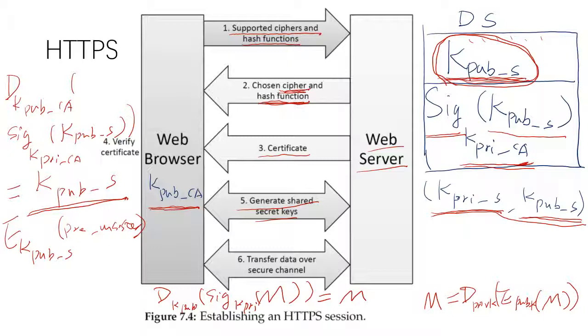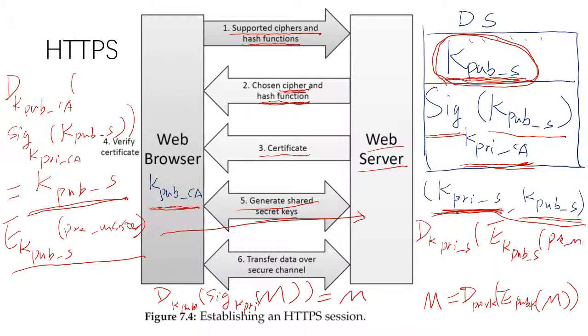Then when this message is transmitted to the web server, the web server will be able to decrypt the message with the private key of the server, since it is the only party who has the private key of the server. It decrypts with the private key of the server, and this is the pre-master key.